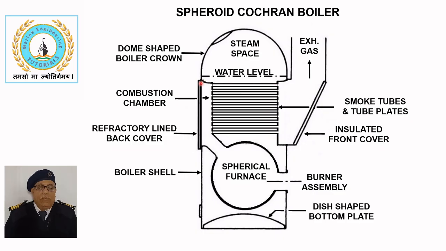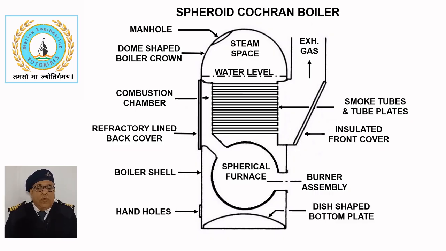Steam is separated above the water level and stored in the steam space. Access to the steam space is provided through a manhole. A number of handholds are provided at the bottom for internal cleaning of the boiler shell.